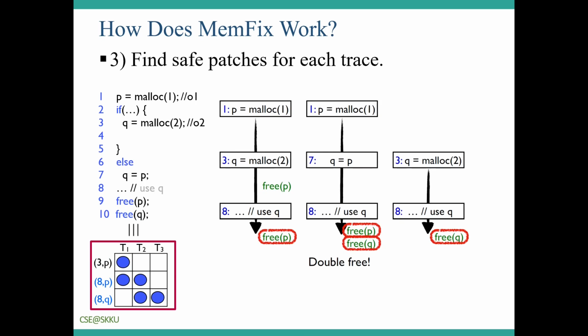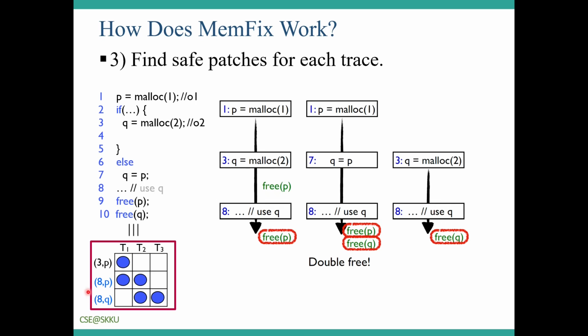Okay, so for another example, if we choose both free P at line 8 and free Q at line 8, this is not a valid solution to the exact cover problem.